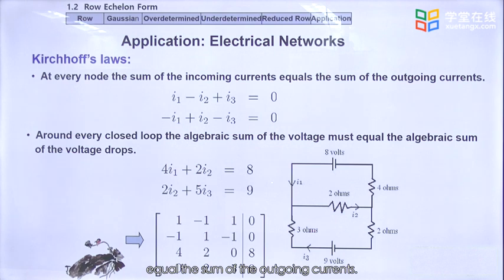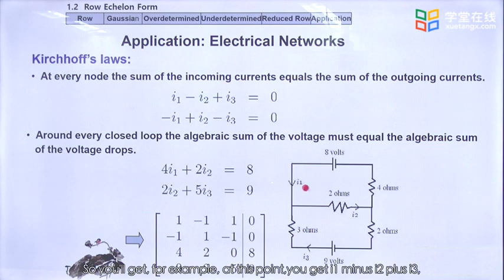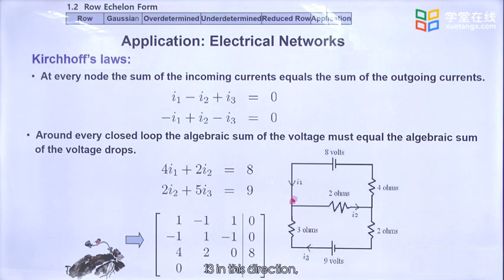So you will get, for example, at this point, I1 minus I2 plus I3, I3 in this direction, equals 0, okay? And at this point, you will get the second equation here. These two equations, essentially, they are the same, right?